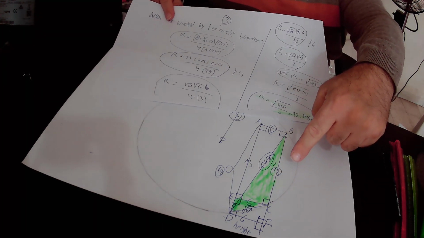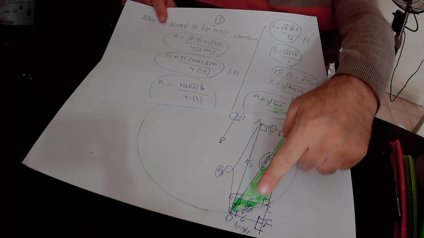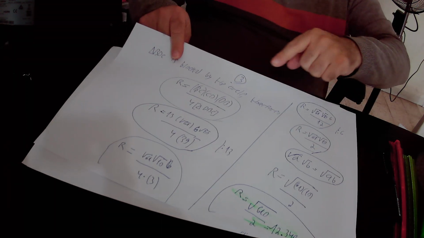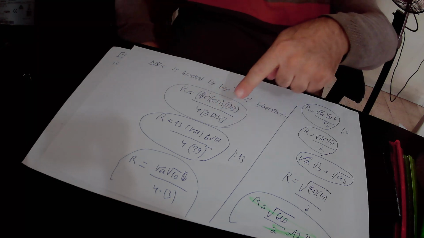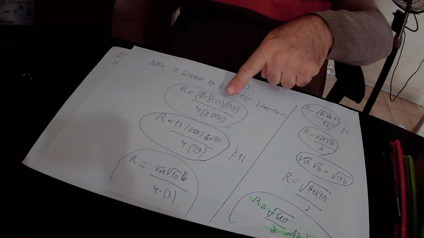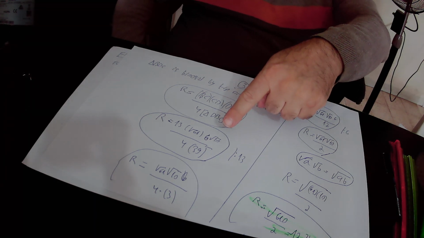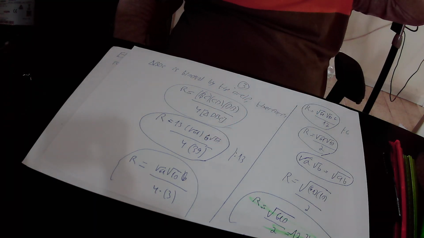BC equals 13 units, CD equals the square root of 61 units, and BD equals 6 times the square root of 10 units. And we've already found out that the area of the green triangle BDC equals 39 square units.